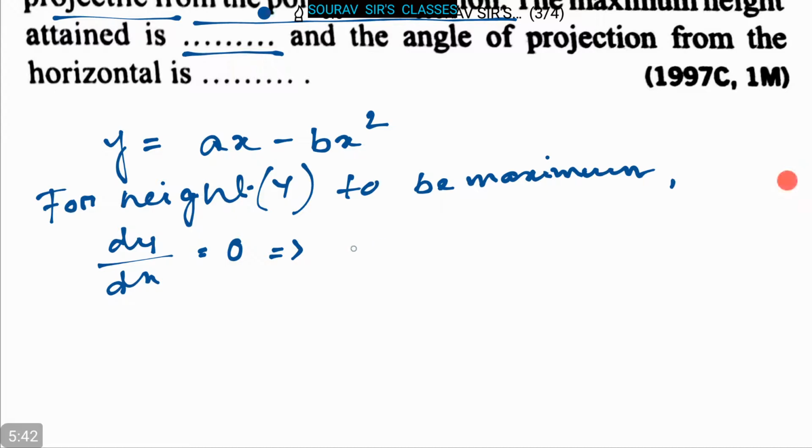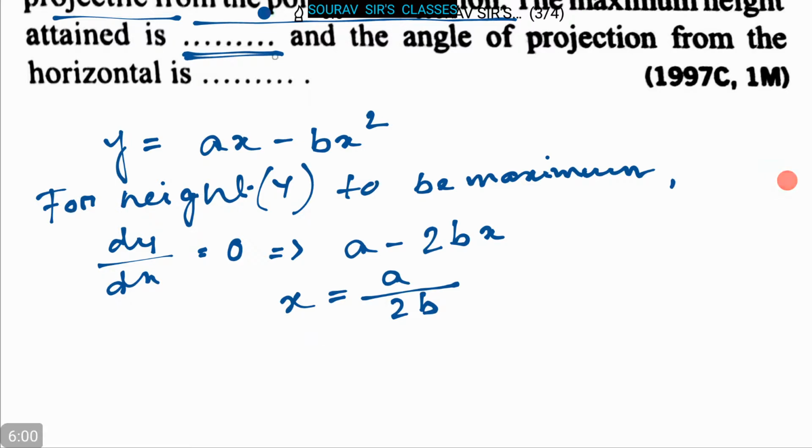Therefore this is a minus 2bx, so from this we get the value of x, that is a by 2b.